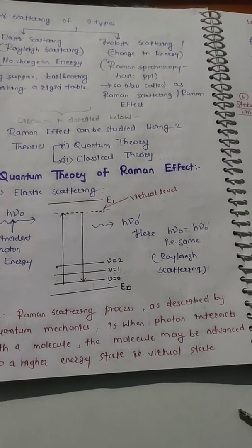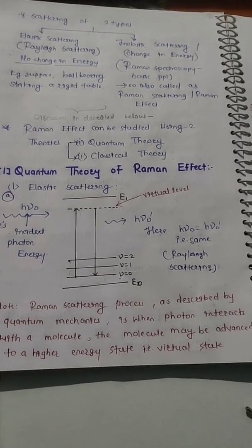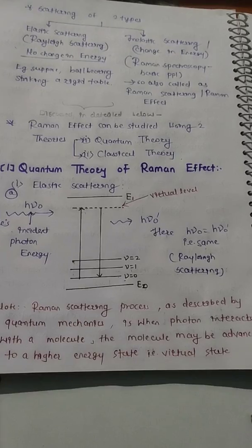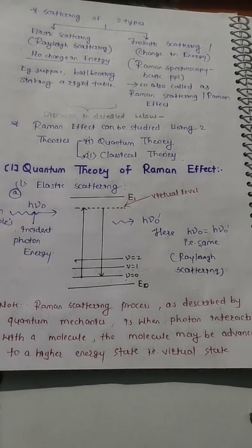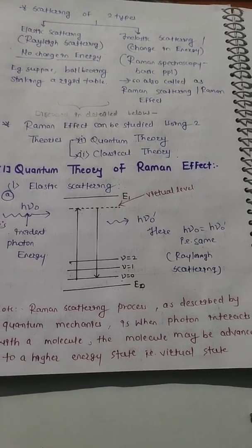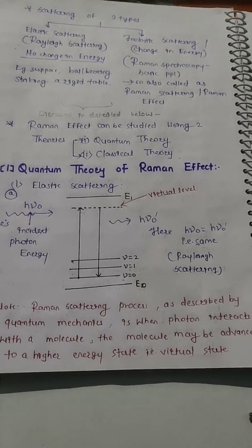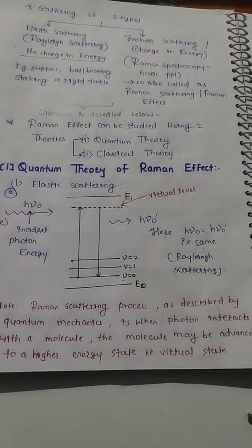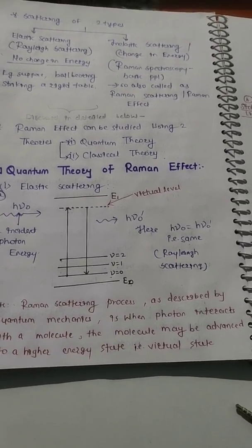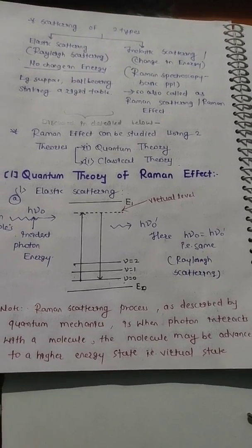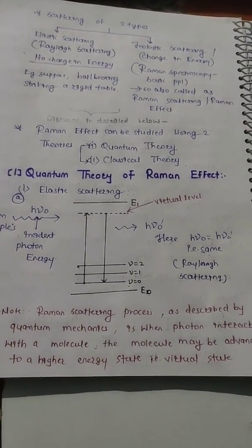First, understand what a virtual level is. From quantum mechanics we can say that when a photon interacts with a molecule, the molecule is advanced to a higher energy state, which is a virtual state, or a short-lived state, or in simple language, just an imaginary line.